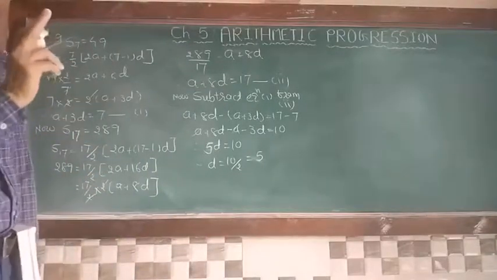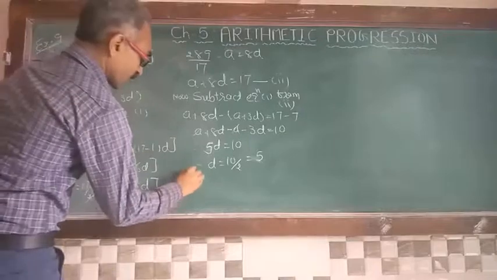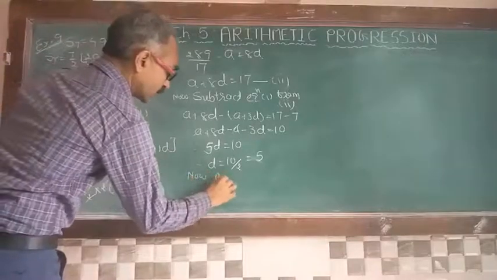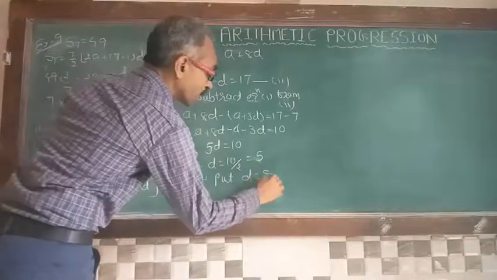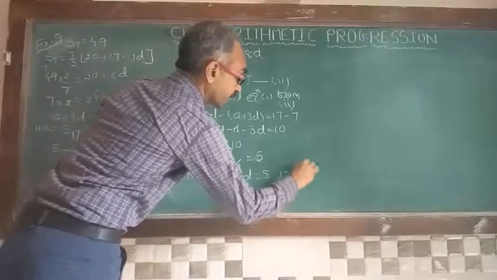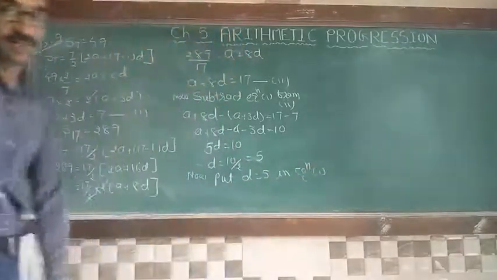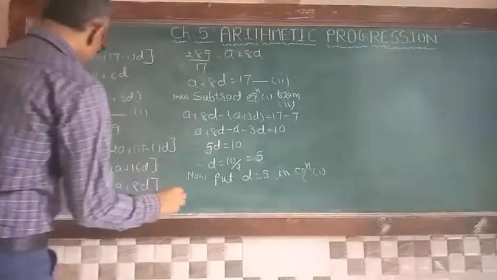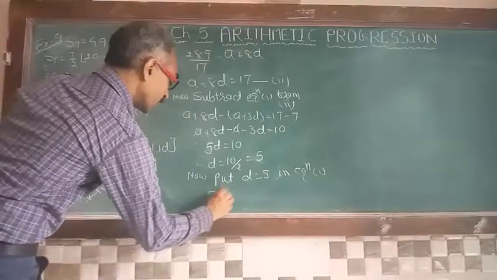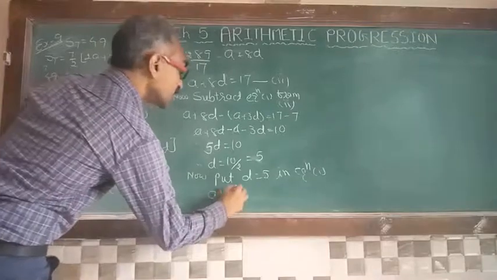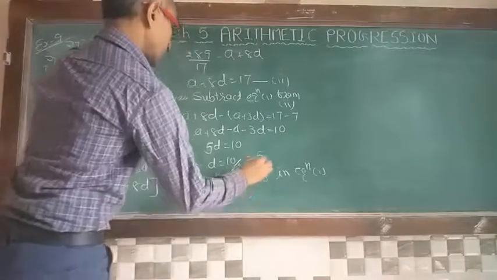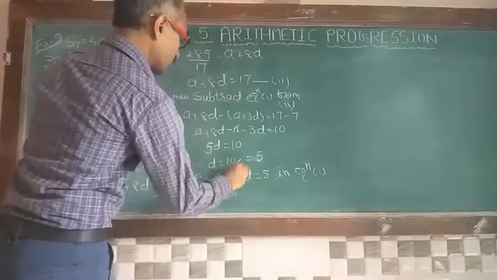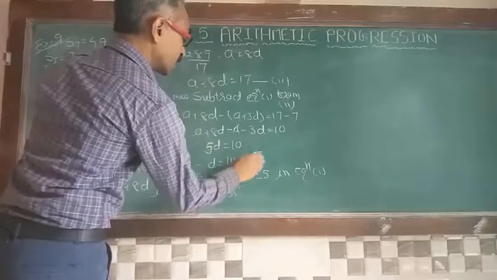Now you can find the value of A. Now put D is equal to 5 in any equation. I am putting here the value of D is equal to 5 in equation 1. That means, see, A plus 3 into 10 by 2, that is 10 by 5, it is 2.